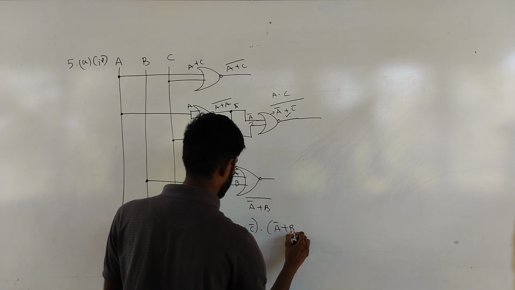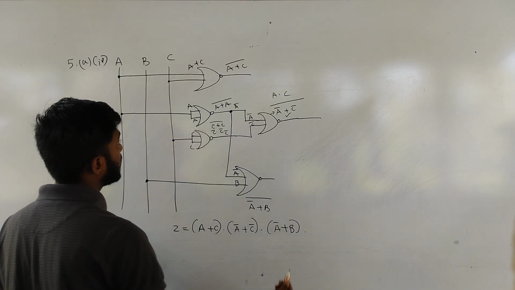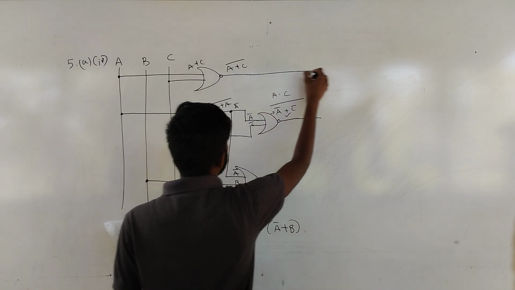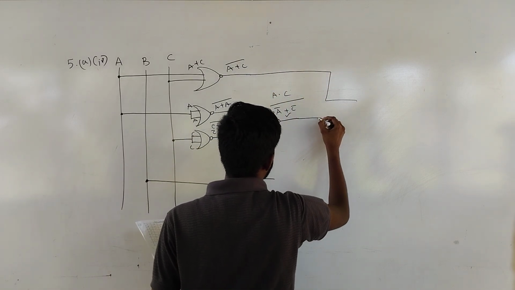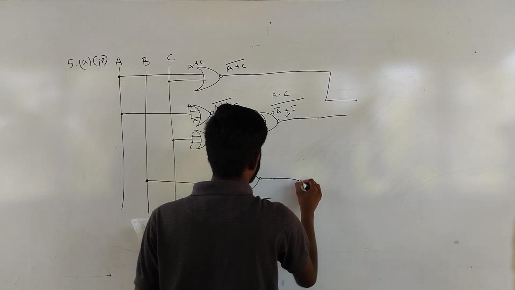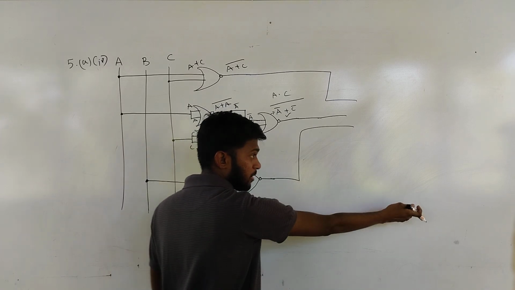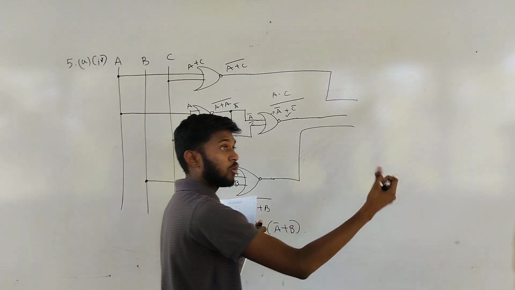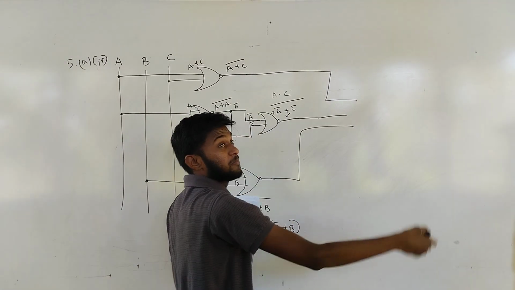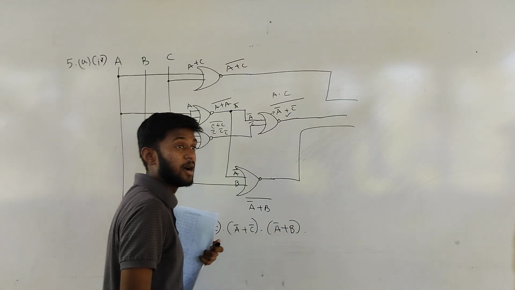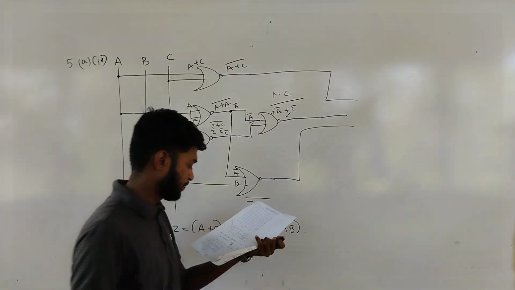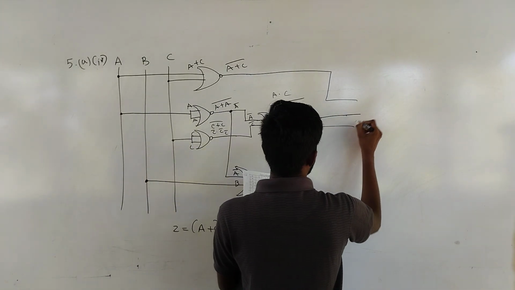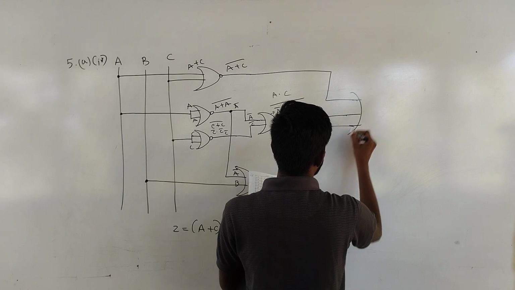Fine. Now what we are going to do, pass all of them through a NOR gate. Why? Because if you can remember just now what I erased, you saw a bar at the top. So that bar only now we are going to achieve by placing the NOR gate. So now let us pass the NOR gate.